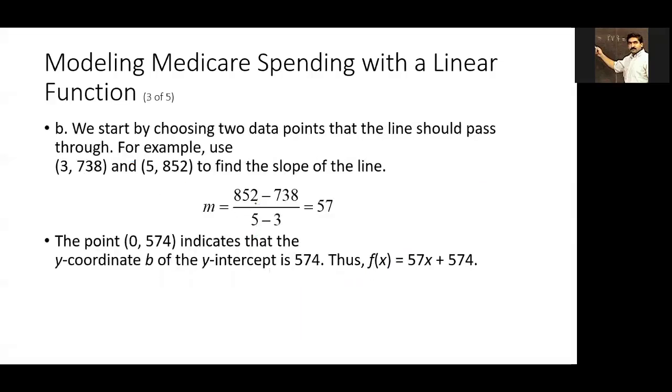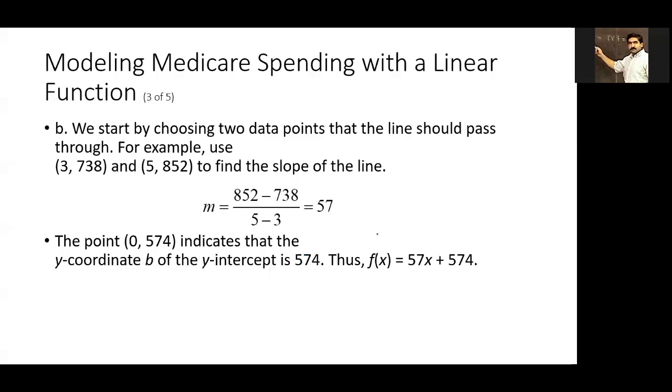We can find the slope by picking two of these points. Any two would do. The slope would be equal to 57. We use y2 minus y1 over x2 minus x1. The point 0, 574 indicates that the y-intercept b is 574.